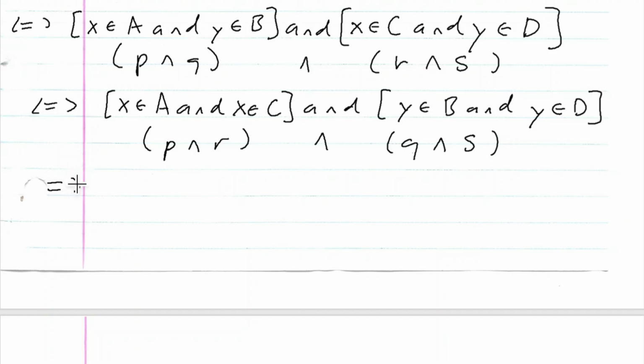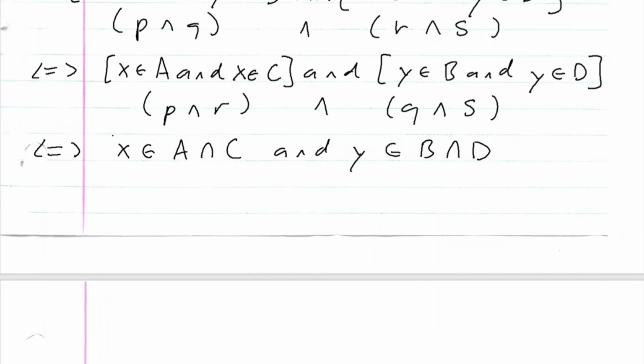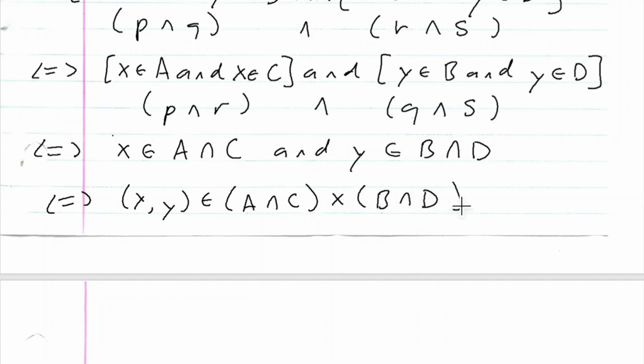Of course, this means that x is an element of A intersection C, and y is an element of B intersection D. And then if x is an element of A intersection C and y is an element of B intersection D, this means that xy is an element of (A intersection C) cross (B intersection D).